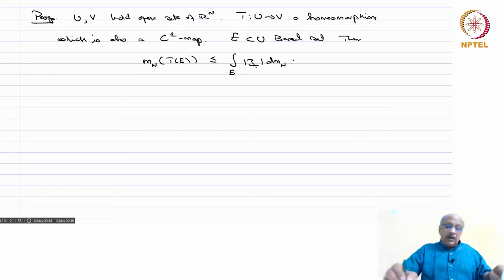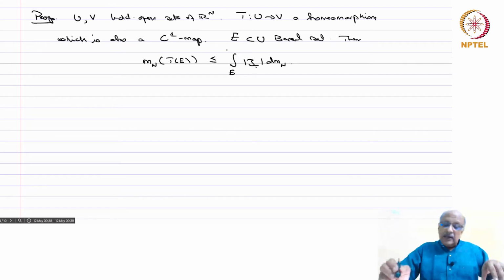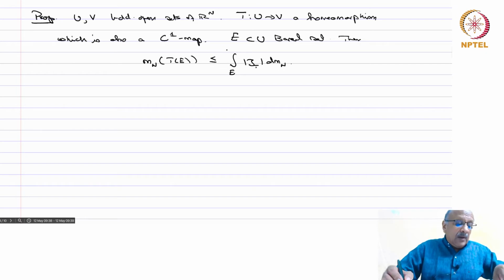So if you see, in the case of a linear transformation, the derivative of a linear transformation is the same matrix itself, and you will have mod determinant of A, which will come out, and you get the integral over E of dmn, which is nothing but mn of E. So this is exactly the generalization, only you now have the less than or equal to sign. Okay. So this is the proposition from which we will start.